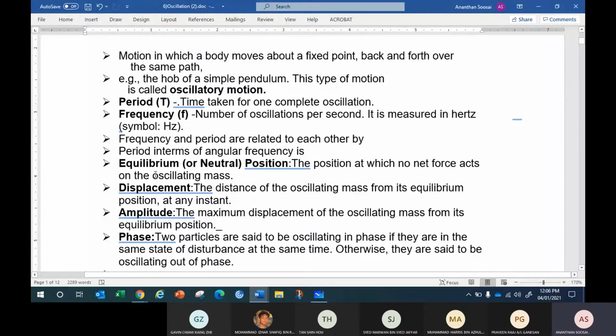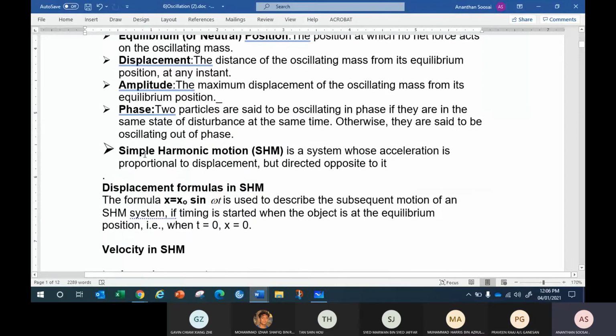We talk about period, frequency, displacement, amplitude, and phase, same as wave. Then we talk about a unique oscillation called simple harmonic motion. What is simple harmonic motion? It's a type of oscillation where the acceleration is proportional to displacement but directed in the opposite direction.